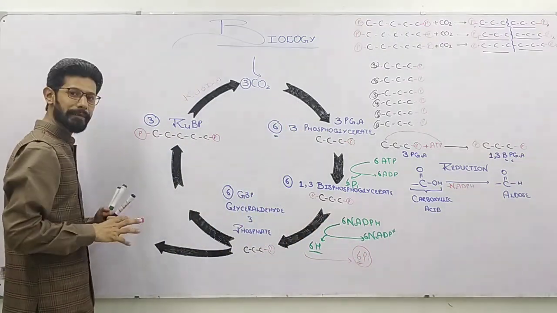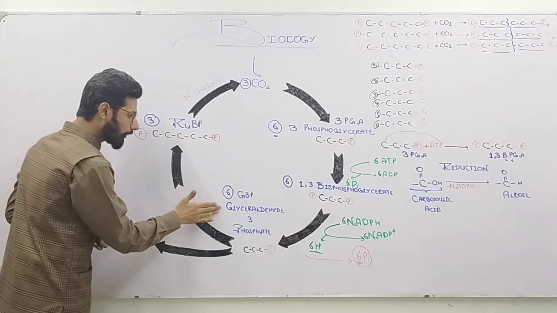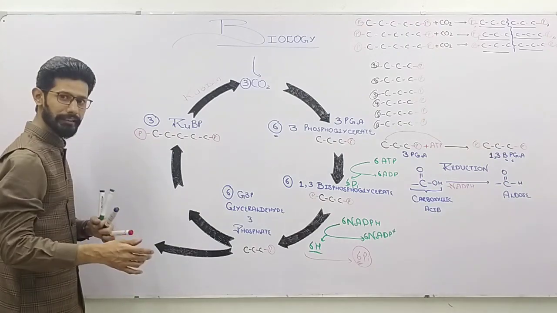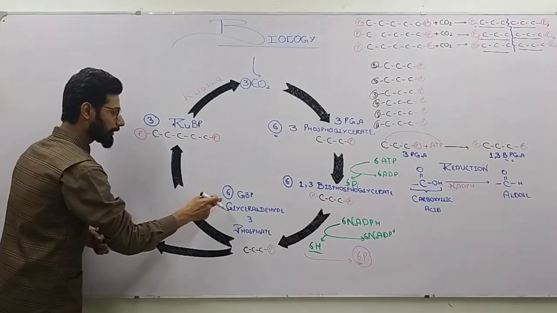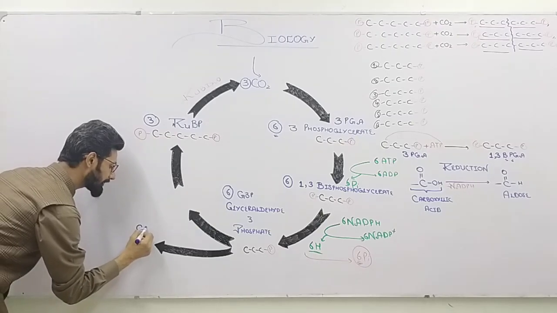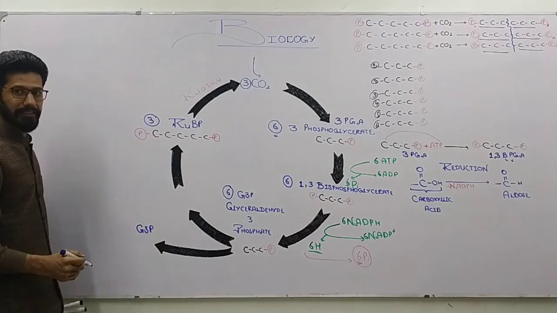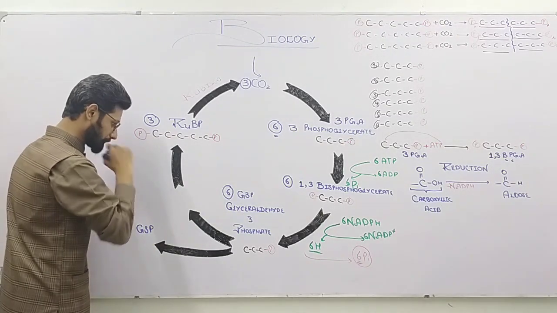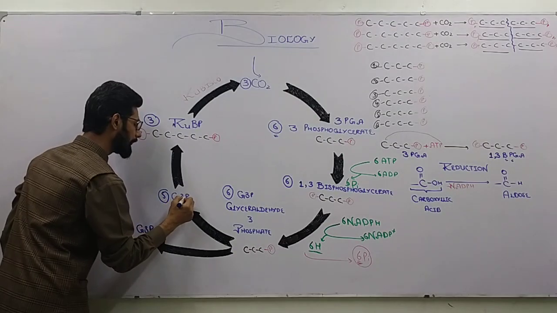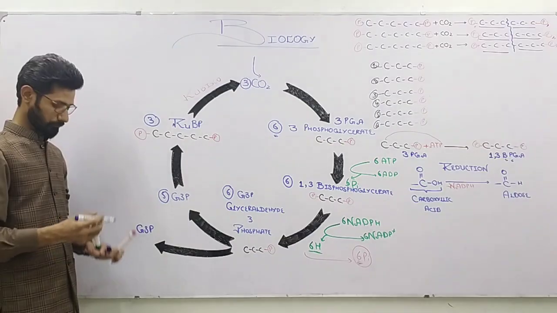So what happens next? There form 6 molecules of G3P. Of these 6 G3P, 1 G3P gets released, and 5 molecules of G3P remain in the cycle.